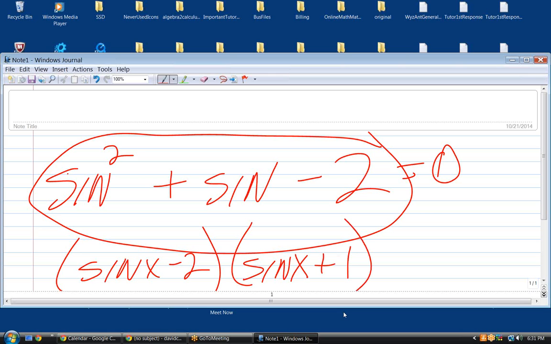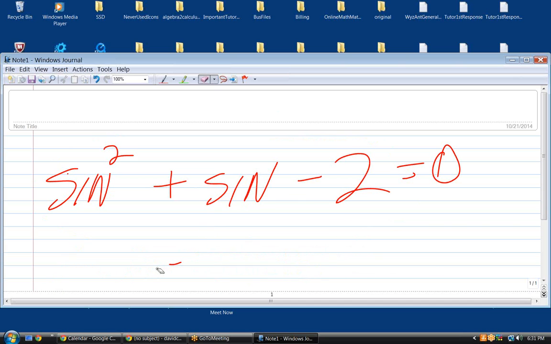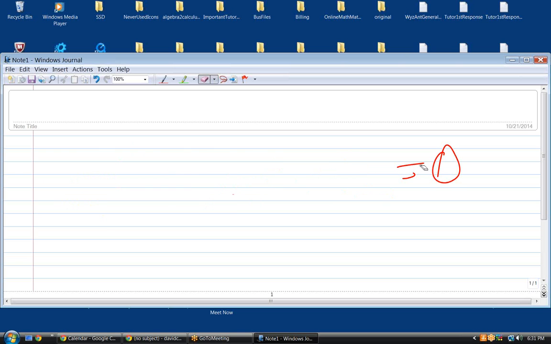And then I go from there. But if you first look at this, you don't see that. You see a trig equation. You don't see a quadratic. But that's the secret of solving trig equations, to treat them as quadratics. I mean as polynomials. Okay. All right. I will talk to you next time.